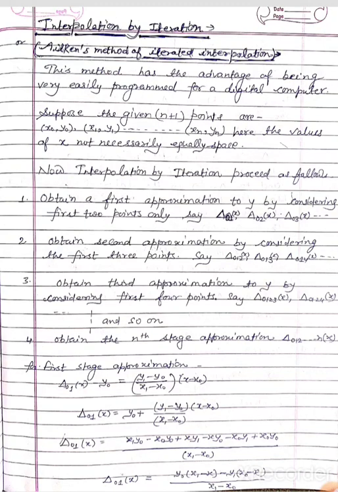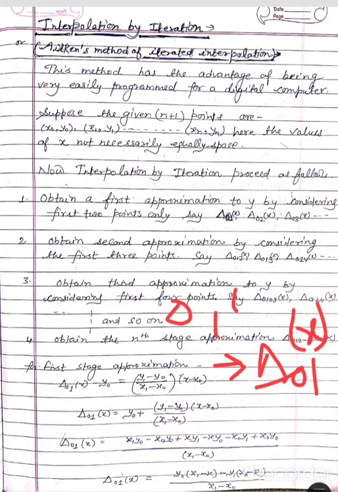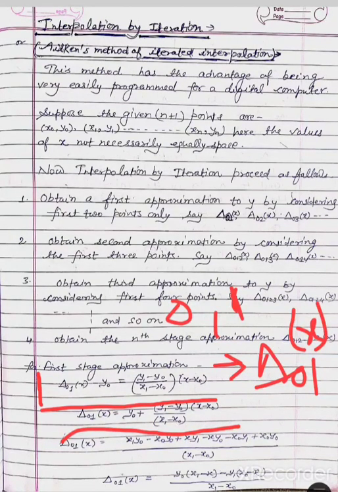For the first stage approximation, suppose the approximation by considering the 2 points 0 and 1 is given by delta 0 1 x. Taking points 0 and 1 and taking the first approximation as linear, we obtain a line equation, represented here. By rearranging this equation, we obtain the first order approximation delta 0 1 x.